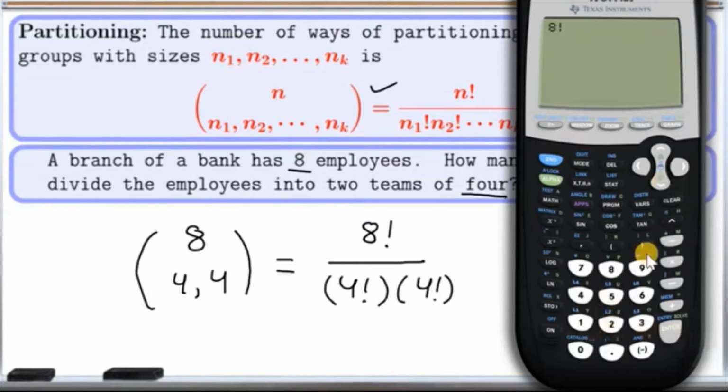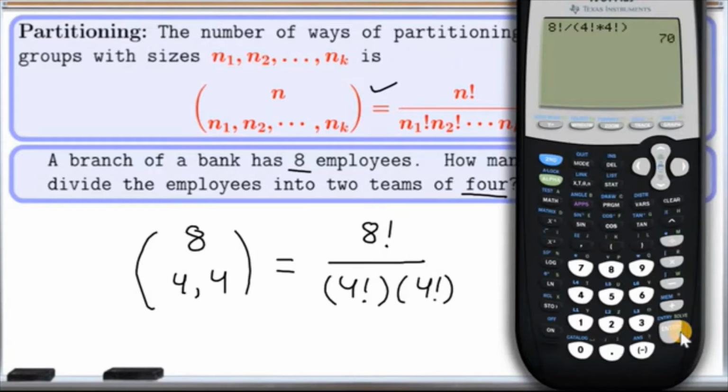That gives us 8 factorial, then divide, put parentheses, then we need 4 factorial. Type in 4, go to math, probability, come down to 4, hit enter, times 4 factorial the same way.